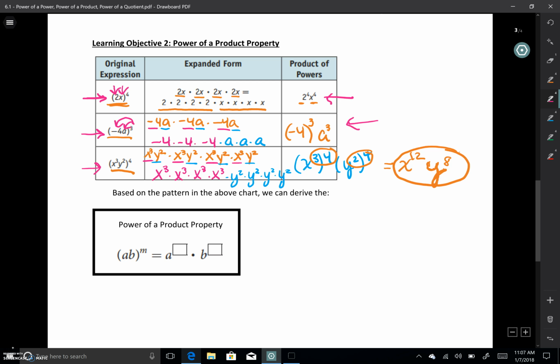Let's see if that happened here. I have x cubed y squared, all to the 4th power. That turned first into x cubed to the 4th, y squared to the 4th. So this 4th power got distributed to each term. And then using power of a power, I just simplified that to x to the 12th, y to the 8th.